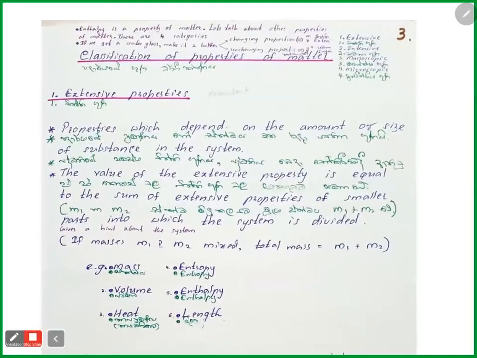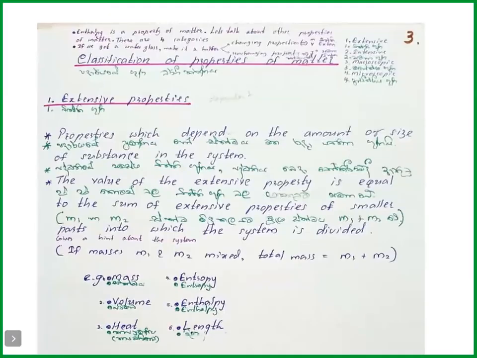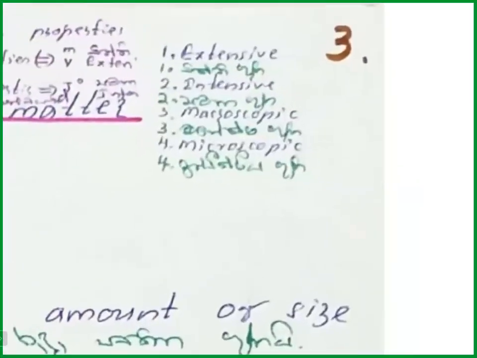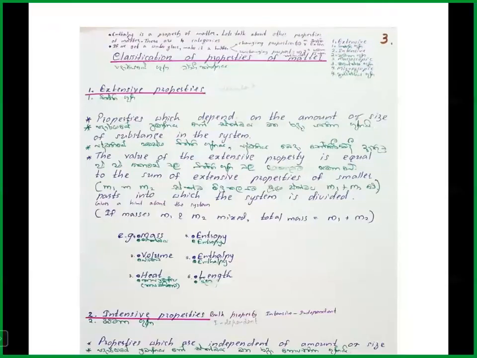Whatever the system consists of, matter, we can classify its properties in 4 different ways: extensive, intensive, macroscopic, and microscopic. What are these?